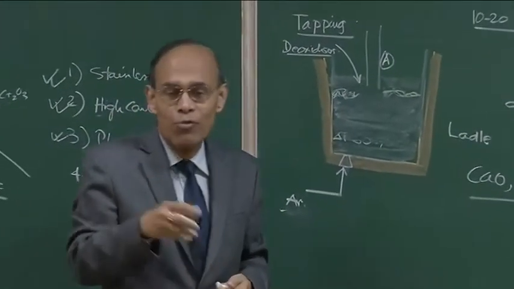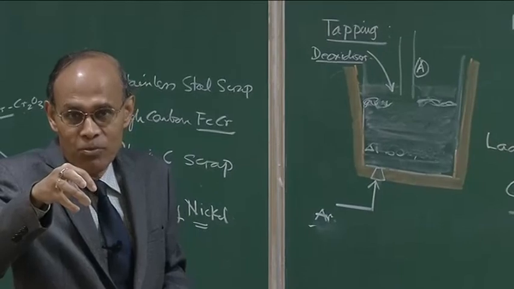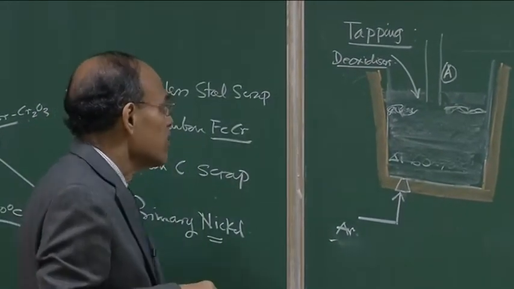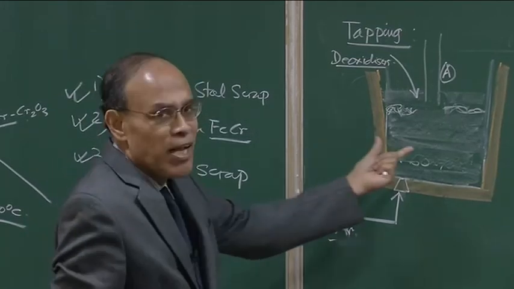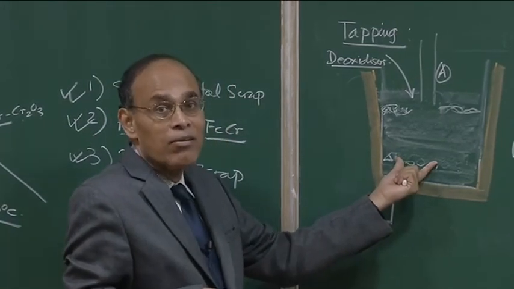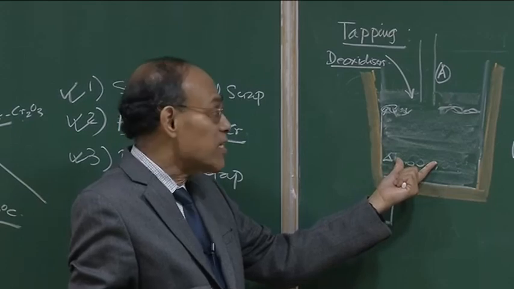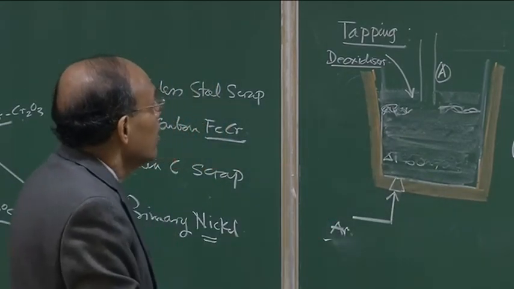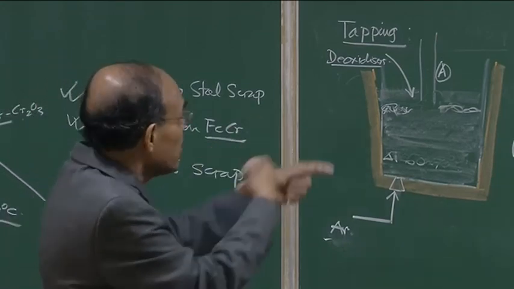You may have noted that when you open a tap in a bucket in a bathroom, how much stirring the kinetic energy of the water jet generates within, and it is the same kind of scenario. But relatively the momentum and the density of steel is large, and hence at a large rate of 10 tons per minute, you can imagine the intensity of stirring.